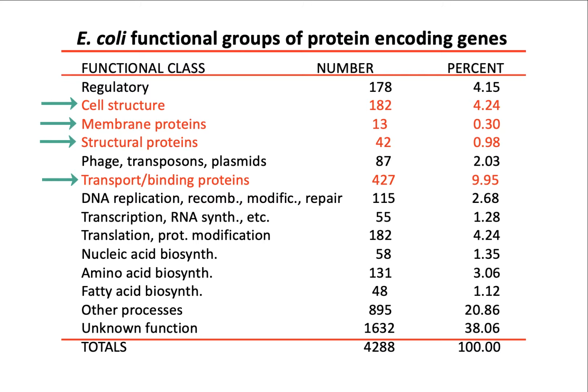So a fairly high proportion, and this holds true of many different genomes. A large number of genes are necessary for these functions of making the cell and then communicating, transporting things in and out of the cell and around within the cell.